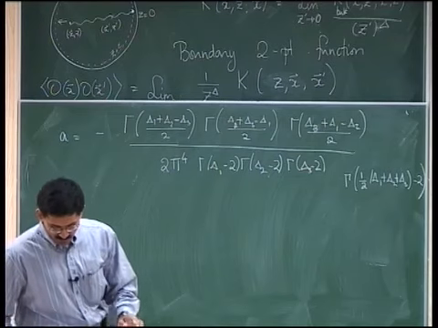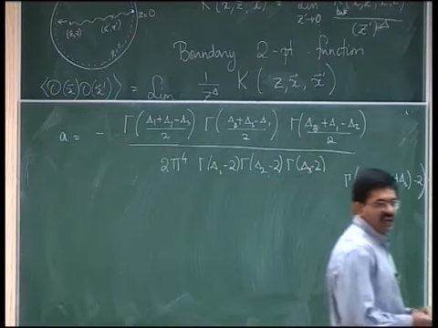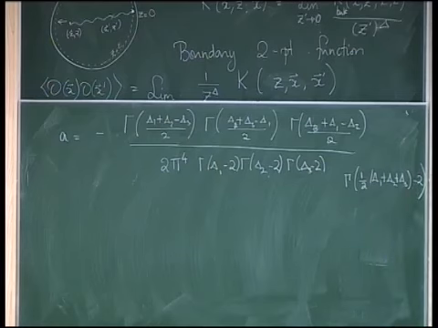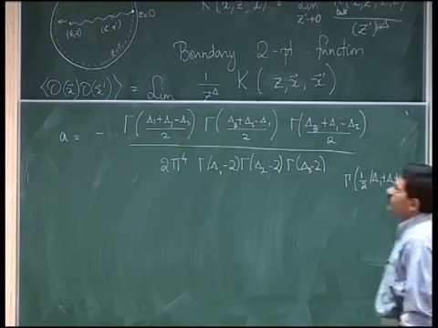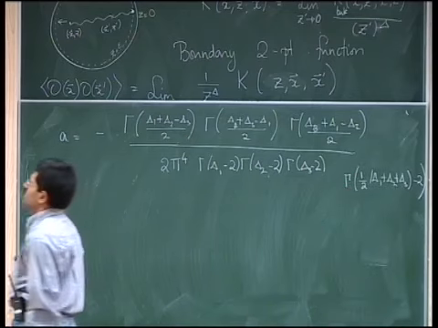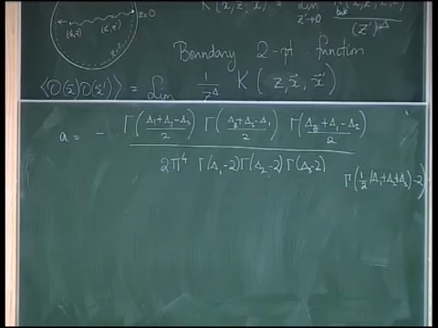Okay, so now I'm in a position to answer two questions that were raised. One was, what on earth is the right normalization of the 2-point function, and what is this lambda? Okay. So what I told you before is the following.